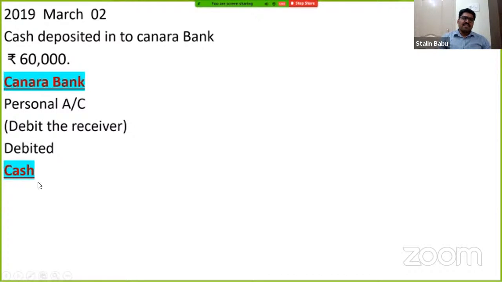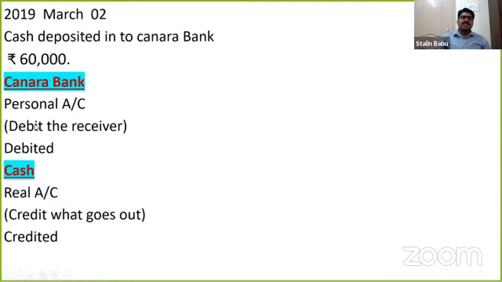So, cash comes under which account? It comes under real account. What is the principle of real account? Debit what comes in, credit what goes out. Here, cash is going out of the business. So, cash account should be credited. So, the entry is Canara Bank account debit to cash account.